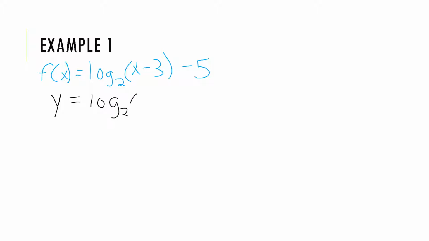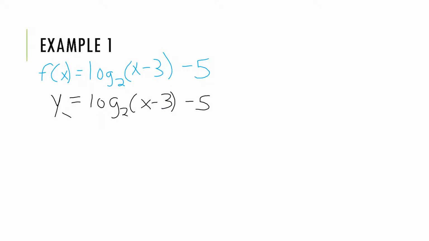Now we have some different examples here to further understand how to find the inverse of a logarithmic or exponential function. The first one states f of x equals log with the base 2 of the quantity x minus 3, minus 5. So in order to find the inverse of a function, the first thing you want to do is make the f of x a y and rewrite the equation.